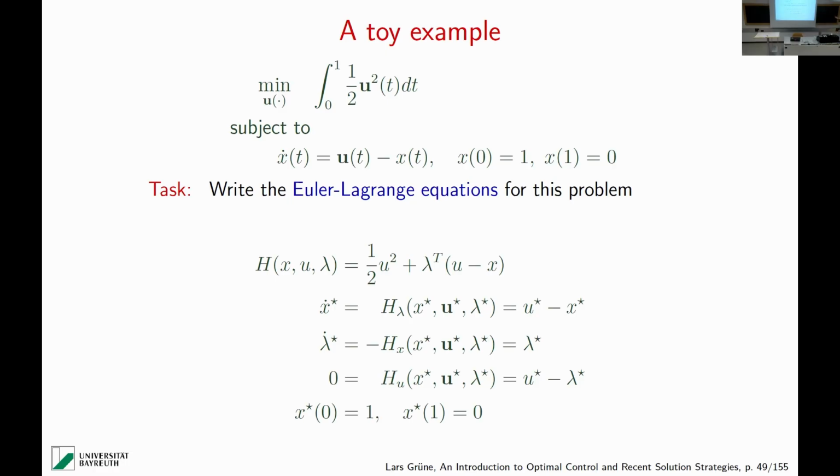And then you can actually, and this is a task I will leave to you in case you are interested, just with pencil and paper compute the optimal control from these equations. That's not really difficult, right? So you can really do it. What you have to find is the initial condition lambda star of 0 such that this terminal condition is in the end satisfied. That's the only thing that has to be done.